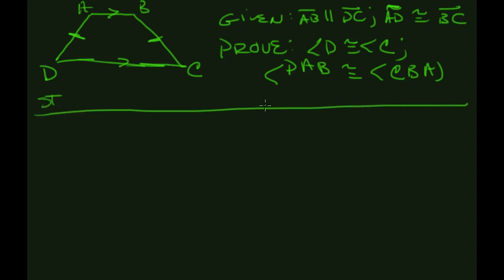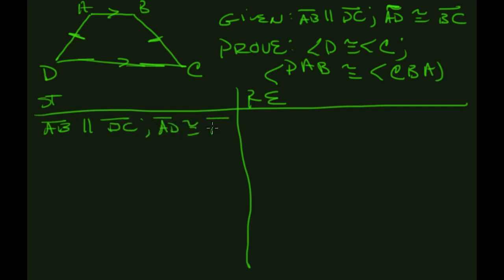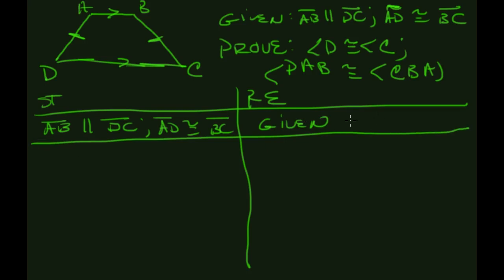Alright, so this takes some work to get through on this one. So let's get all of our givens out there. AB is parallel to DC. AD is congruent to BC. That is given, and that's making for us an isosceles trapezoid. Okay, so I'm going to construct two segments.